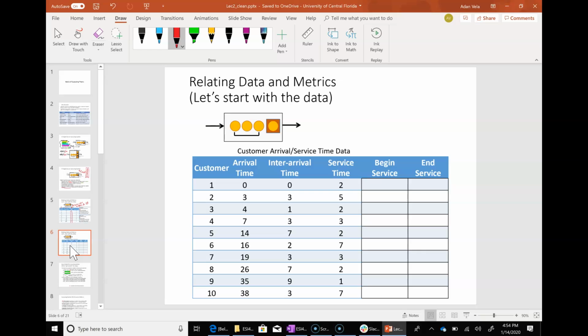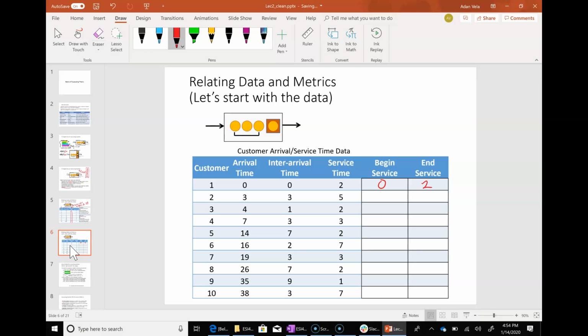So let's figure this out. If the first customer arrived at time 0, they get into line at the cashier. When do they begin service? 0. It takes them 2 minutes to be serviced. So when do they finish service?